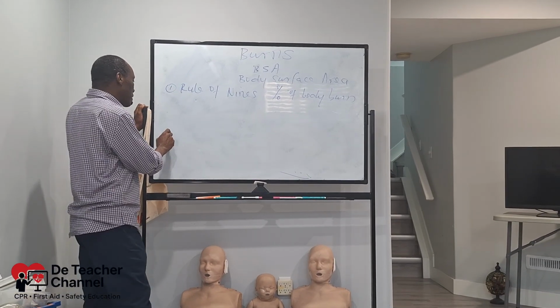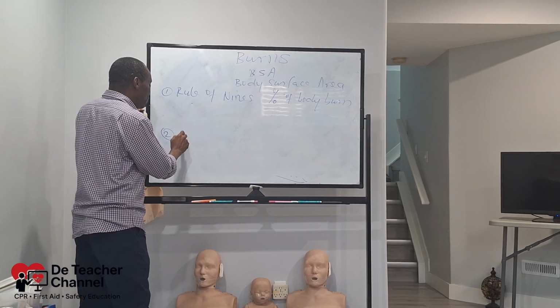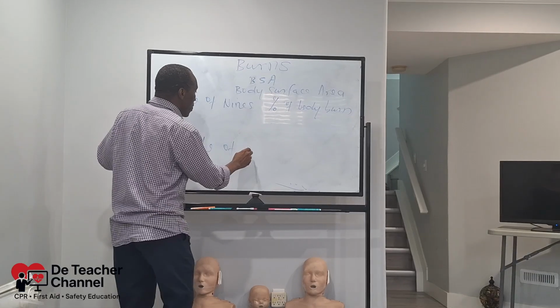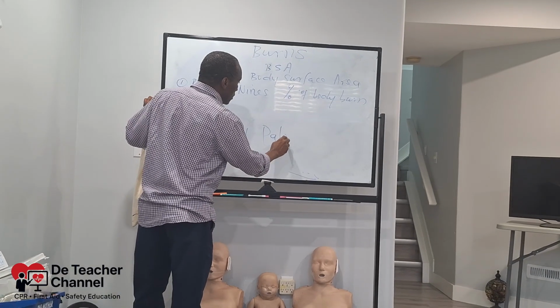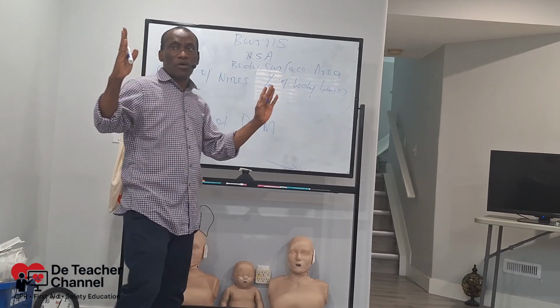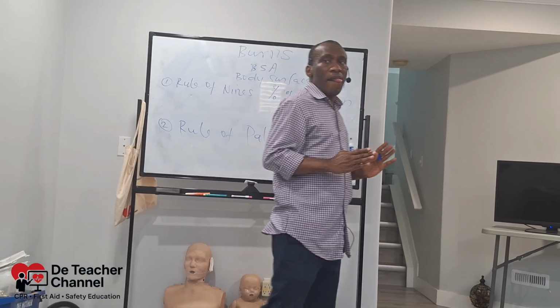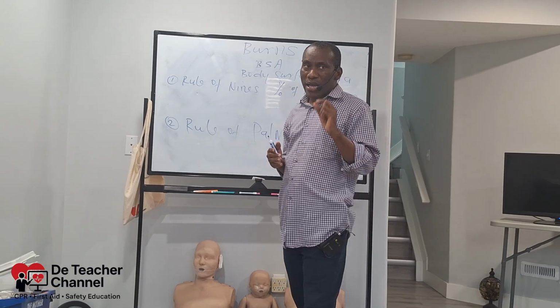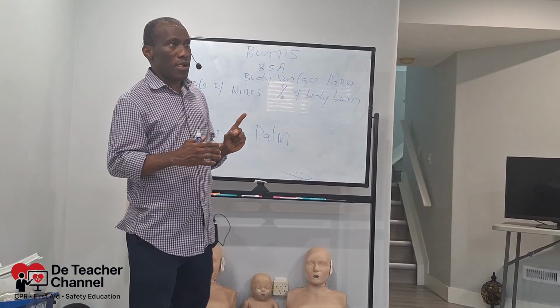The second one is called the rule of palm. Those are the two methods they use to determine the number, to calculate the number.